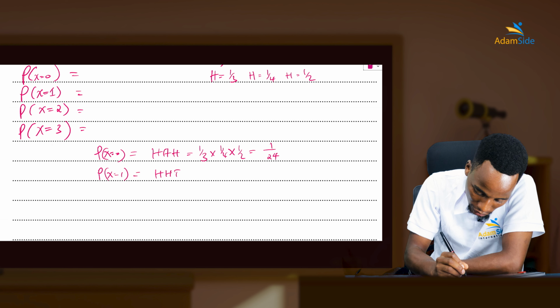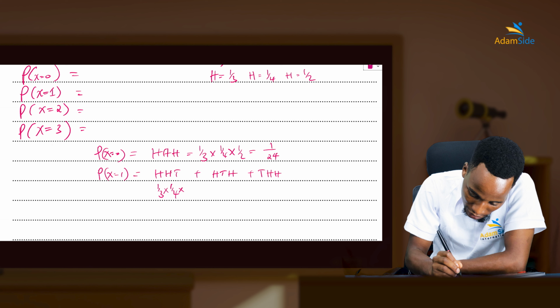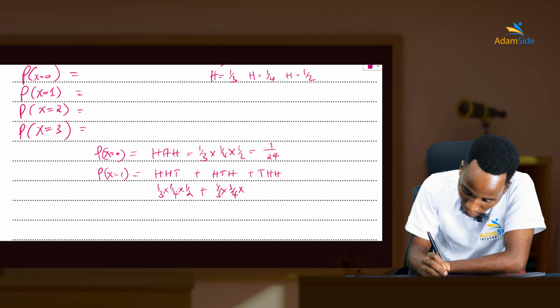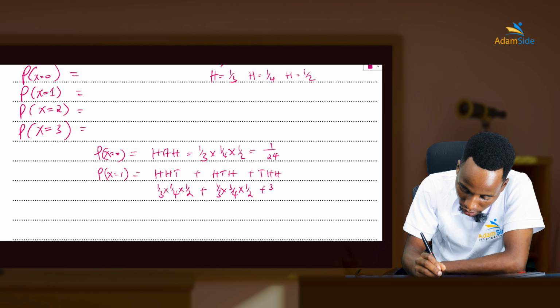So head for the first is 1 of 3, head for the second is 1 of 4, tail for the third is a half, plus head for the first is 1 of 3, tail for the second is 3 of 4, head for the third is half, plus tail for the first is 2 of 3, head for the second is 1 of 4, and head for the third is half. So this we're going to keep in the calculator.